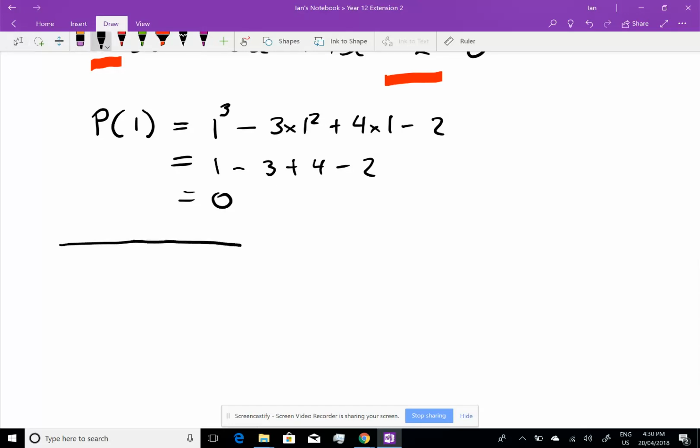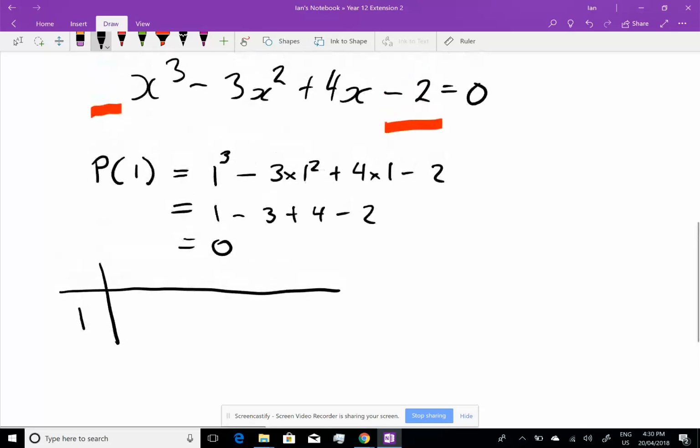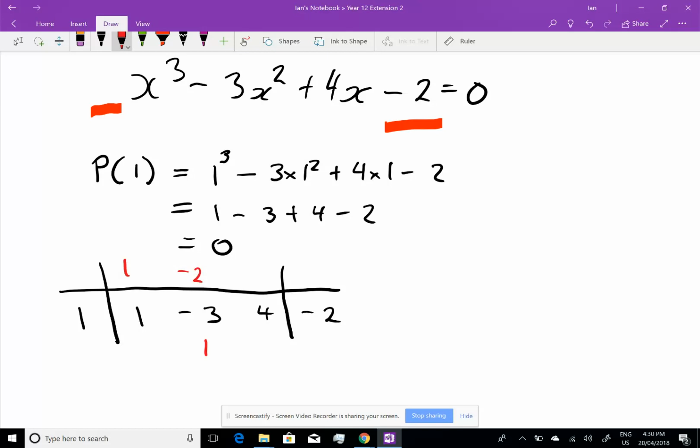So again, I do my synthetic division. I put a 1 there, and I've got a 1, a negative 3, a 4, and a negative 2. I start with a 1, and 1 times 1 is 1, add them together, gives me -2. -2 times 1 is -2, gives me 2. 2 times 1 is 2, 0.